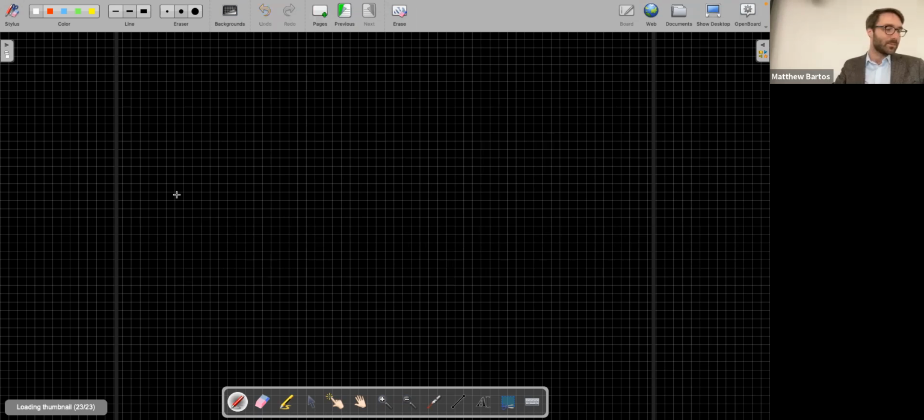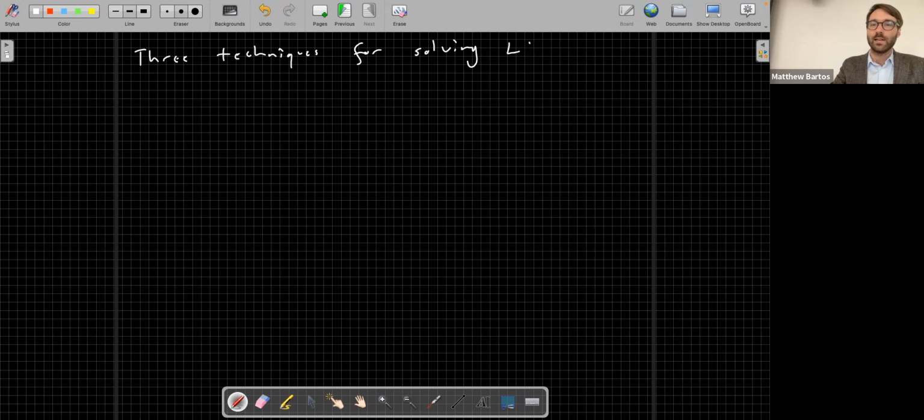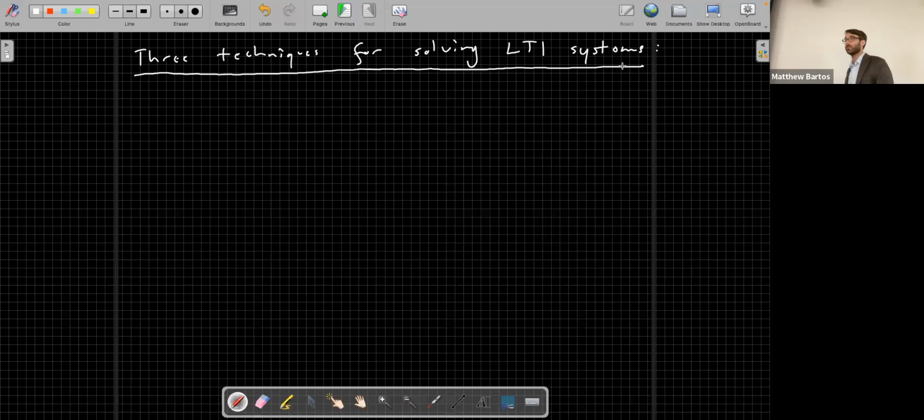So I'm going to go through 3 techniques for solving LTI systems. And we're really just going to be looking at the homogeneous case, because what we're going to be doing is showing different techniques for computing the matrix exponential in particular, because that's the tricky part. You can recover the particular solution by convolving that matrix exponential with your input.